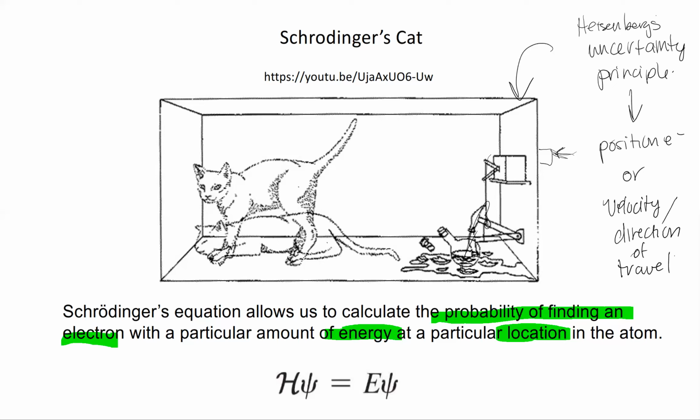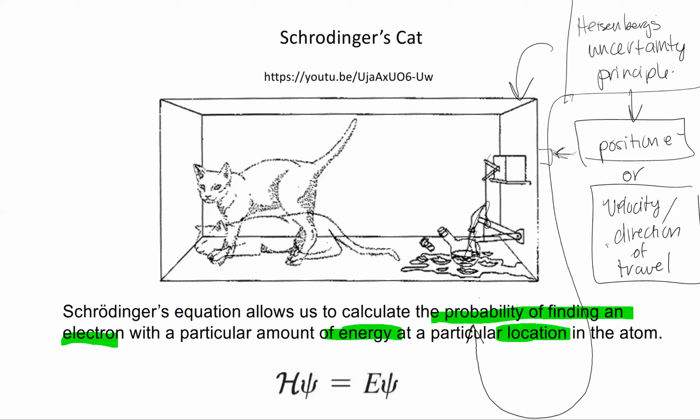You can only observe one or the other because observing one will affect the other, because its mass is so small. And so Heisenberg's uncertainty principle demonstrates that we really cannot know everything about an atom, about an electron in an atom.